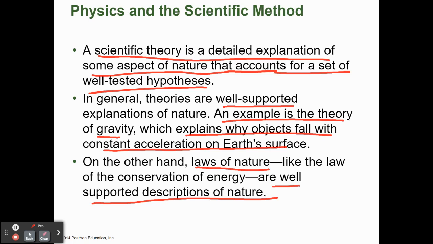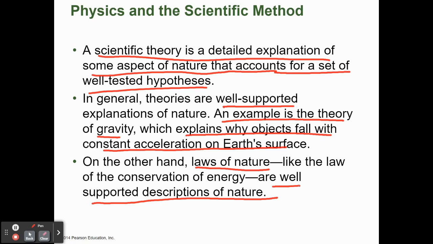The law of conservation of energy says energy cannot be created or destroyed, period. Boom. Doesn't tell us why. The law of gravitation tells us that if I drop this, it will fall to the earth, period. Doesn't really tell me why. So there's your difference in those two definitions, and sometimes that can get a little hairy.